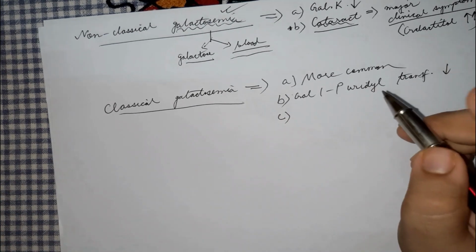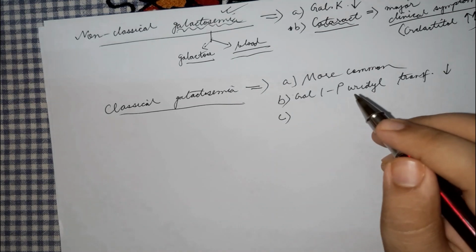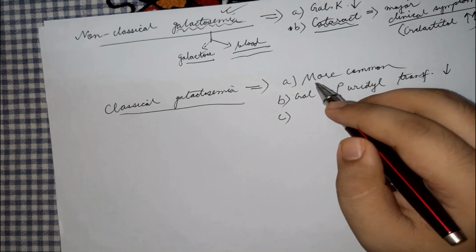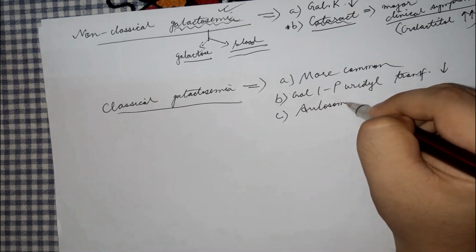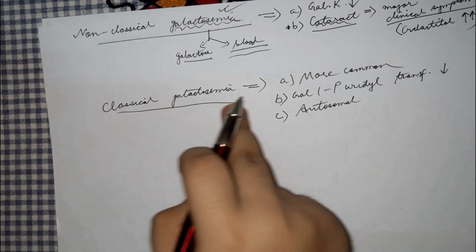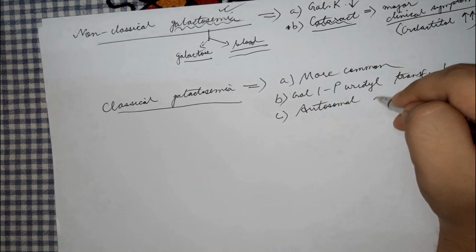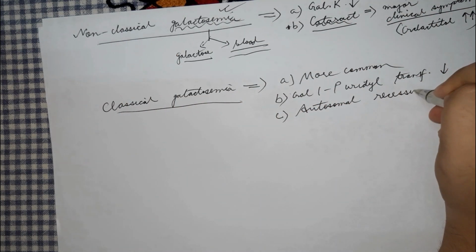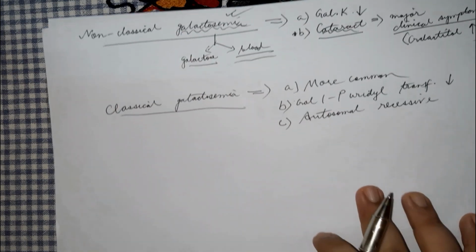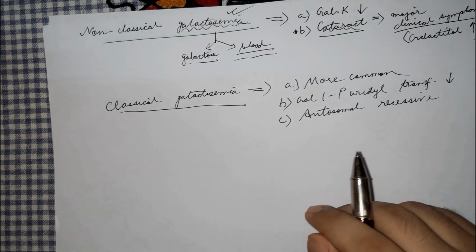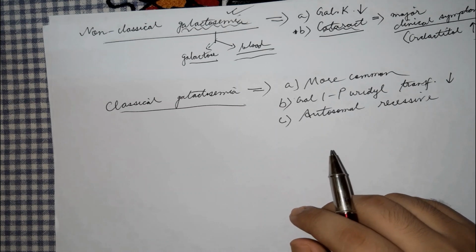Now, since these are enzymatic problems, they are autosomal recessive. This is also autosomal recessive. Okay. So classical galactosemia is also an autosomal recessive disorder.